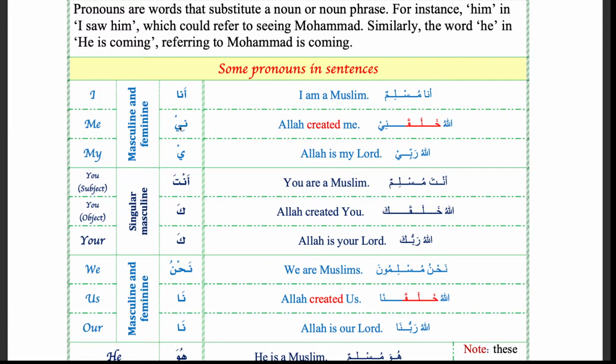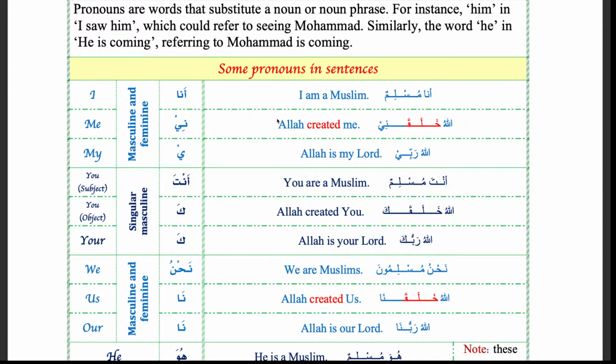I just put it together for easy understanding. So the actual pronoun is the ya. Now what do you call the noon? You call it the noon al-wiqaya, the noon of protection, protecting the verb's vowel from being changed.